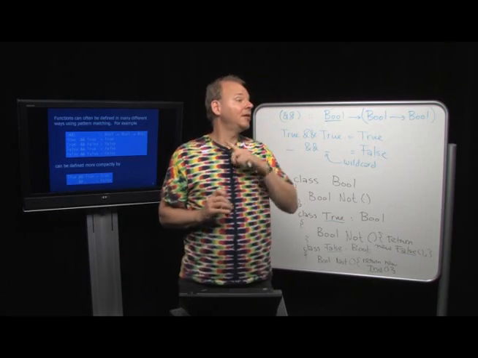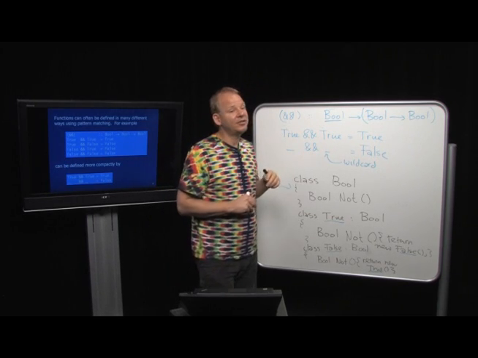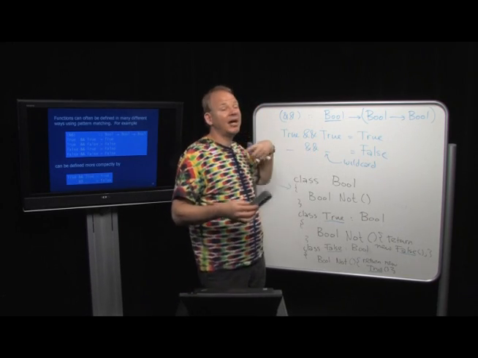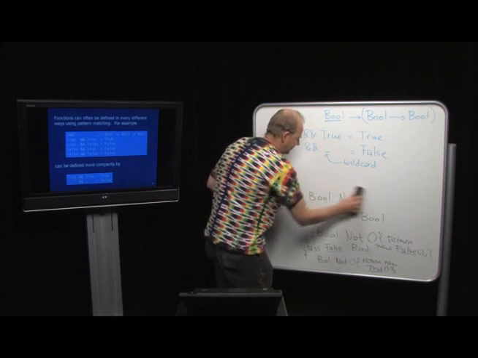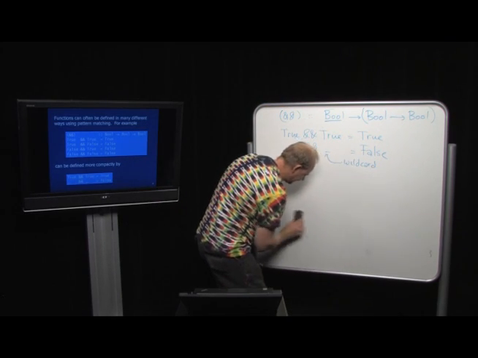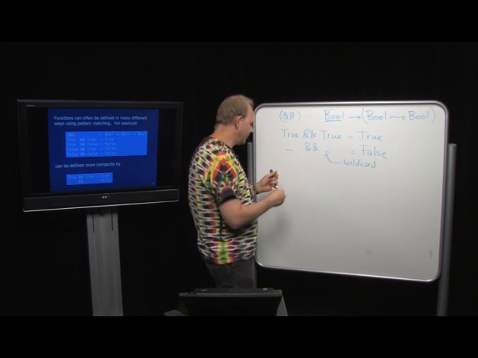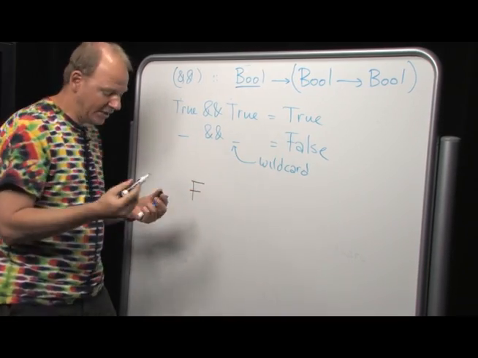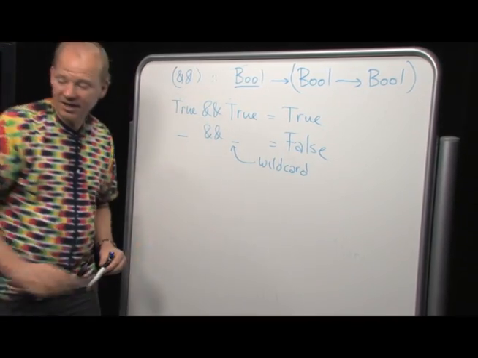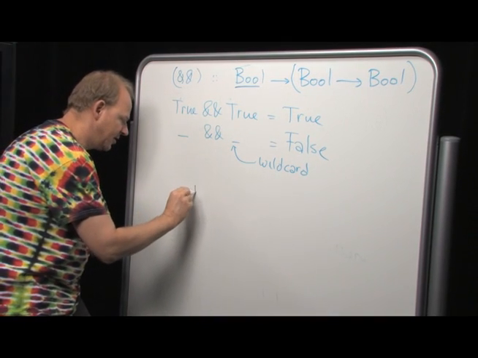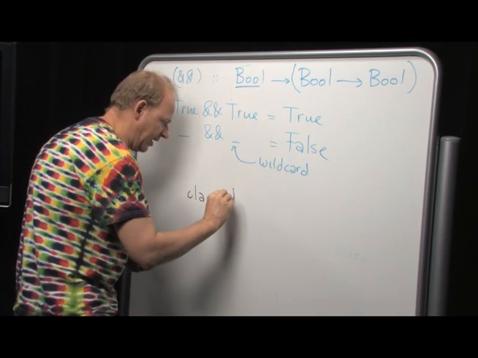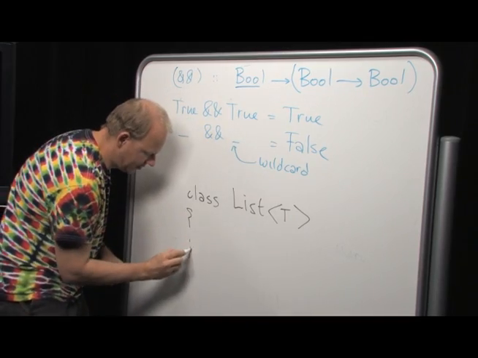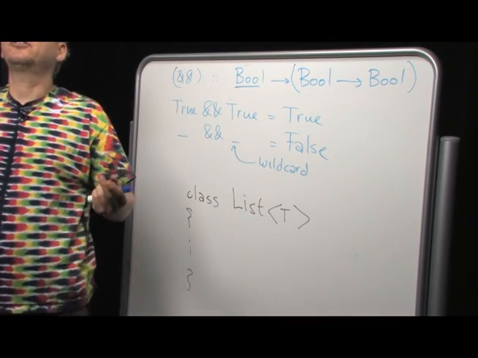Now the funny thing that many people don't realize is that in C# underscore is also a valid identifier. So often, when I don't care about the name of something, I use it. For example, when I define a generic type in C#, say class List, you usually say List of T, but I don't like to invent names.